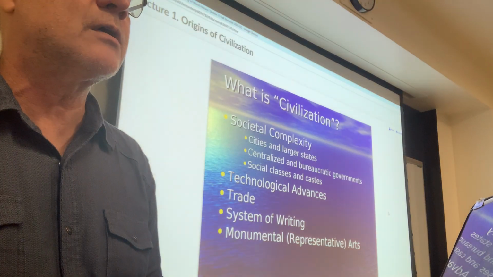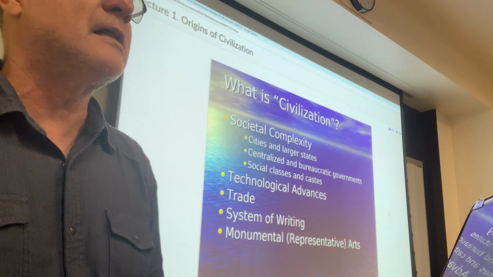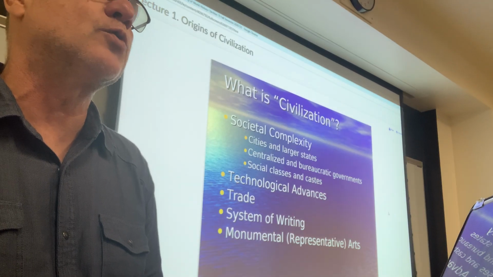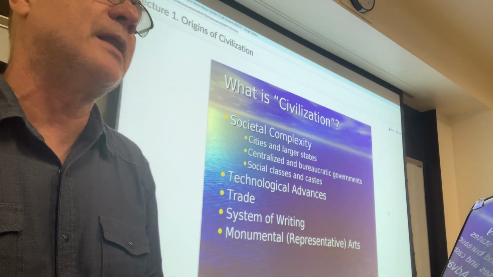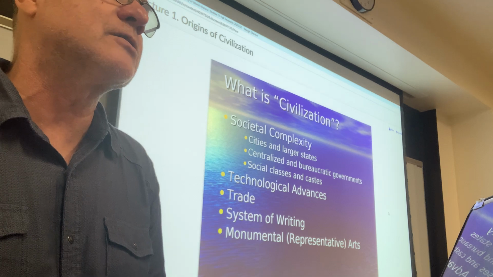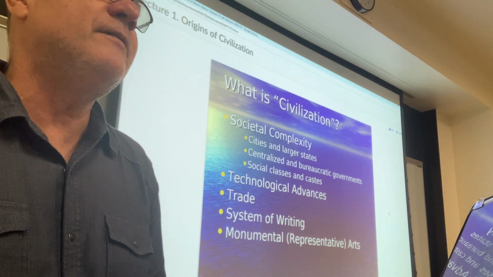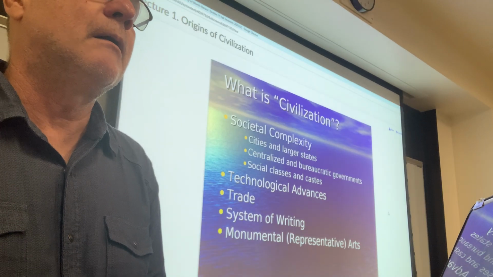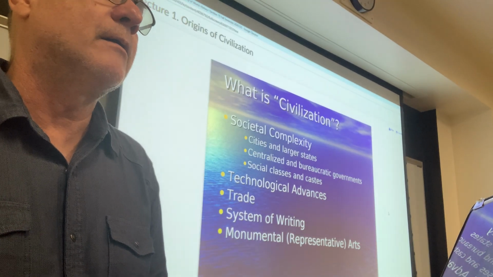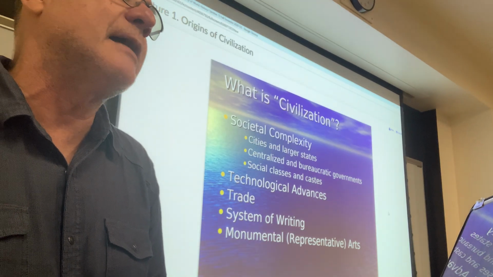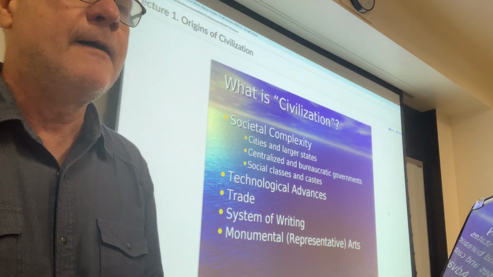Civilization is also characterized by technological advances. People needed to control water, they needed to supply their agricultural fields with water, and they developed certain tools and technology to supply their fields with water.